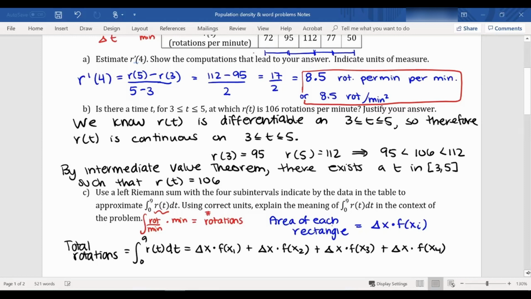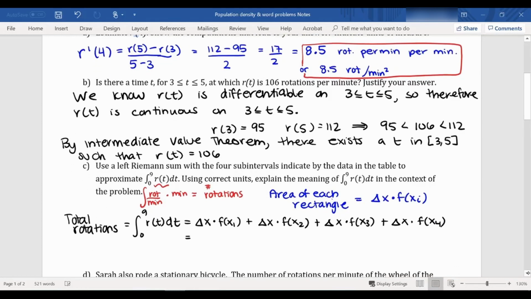And we know x1 is 0. And our first rectangle would go from 0 to 3. So our delta x or delta t would be 3.